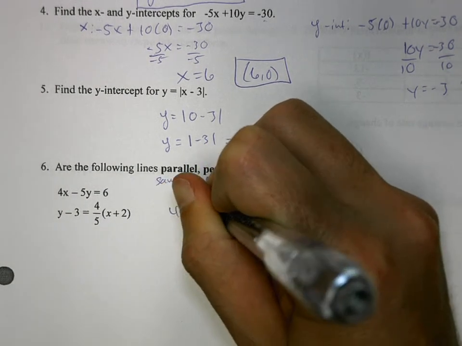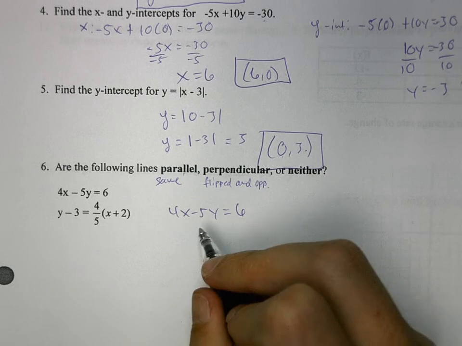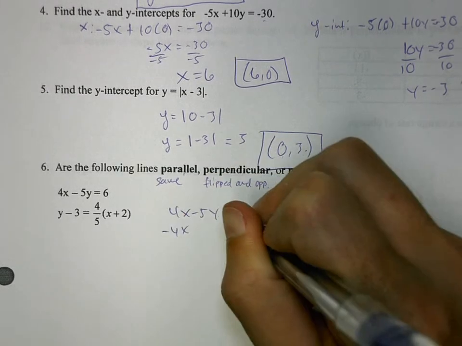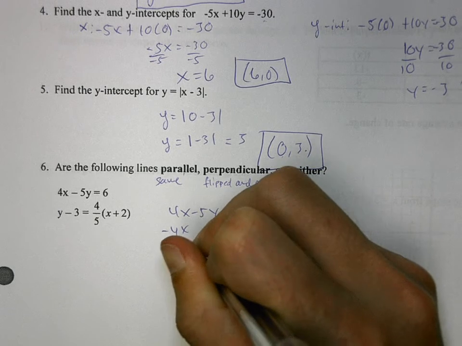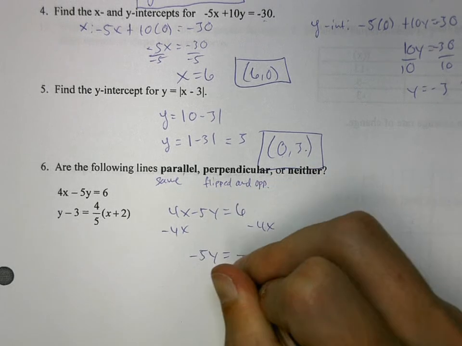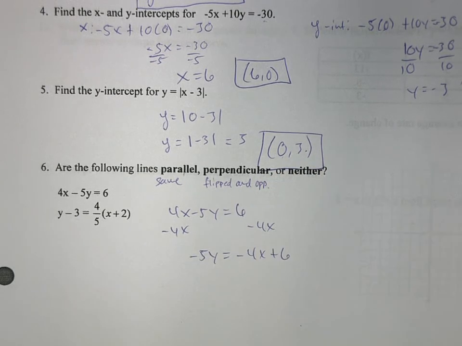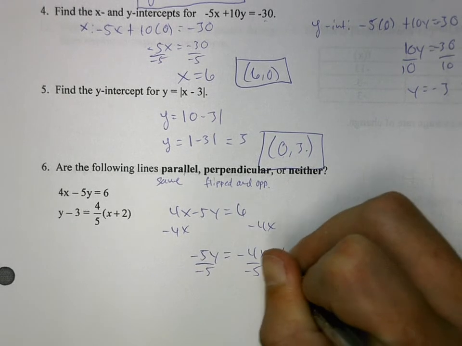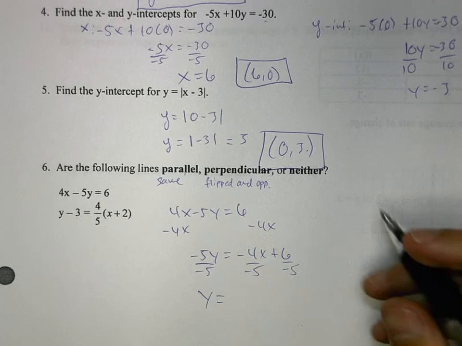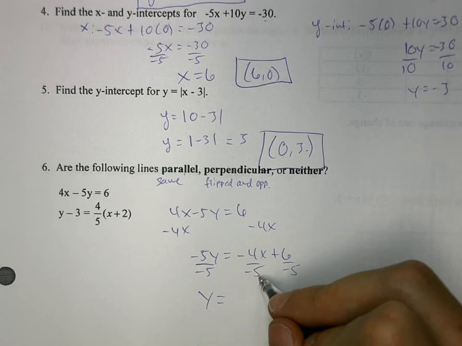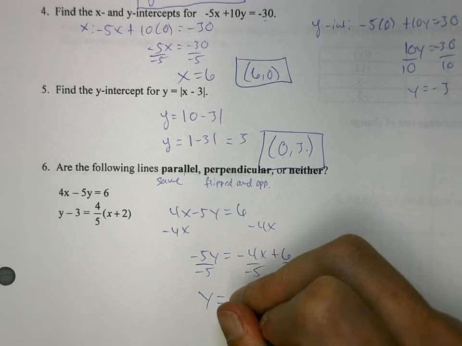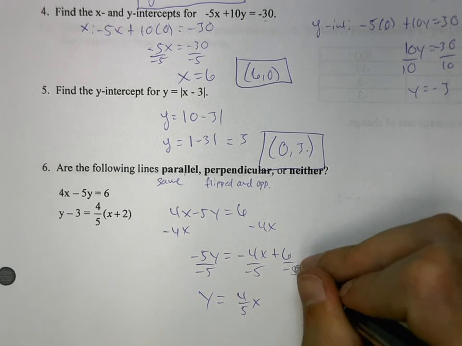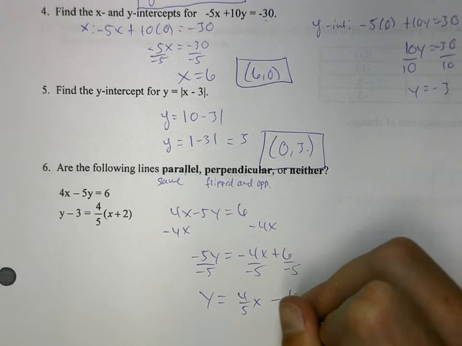4x minus 5y equals 6. So to do that, I move x, subtract 4x from both sides. And remember, when you write the equation, x goes first. And divide everything by -5. So y equals, a negative divided by a negative is positive, so that's positive 4/5 x, and positive 6 divided by -5 is -6/5.